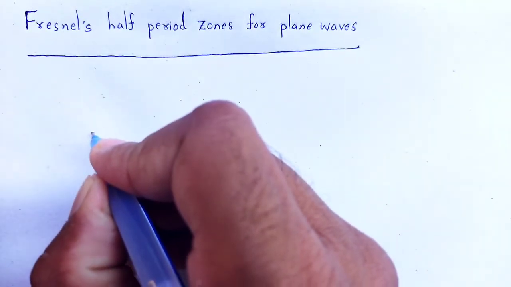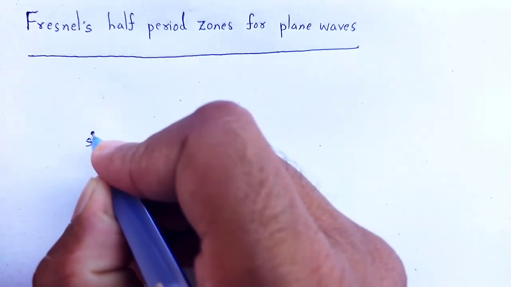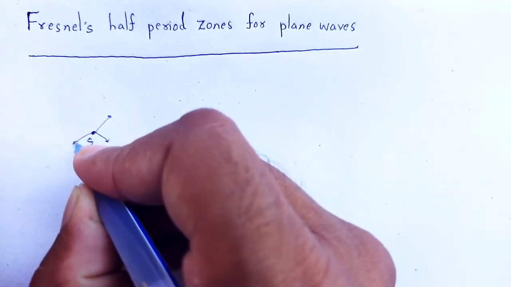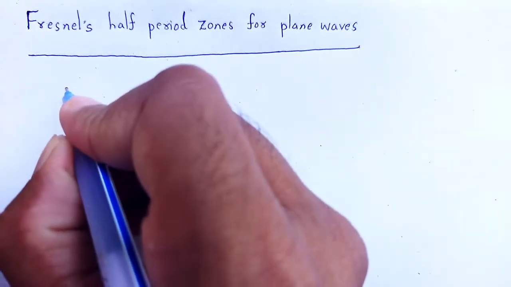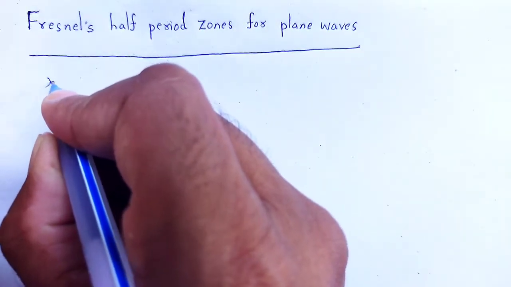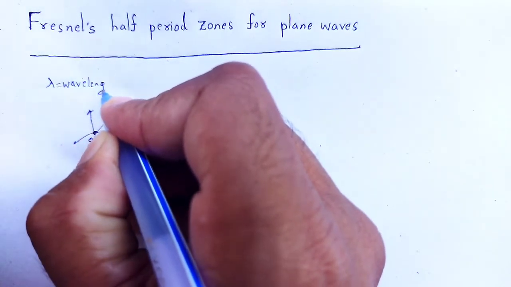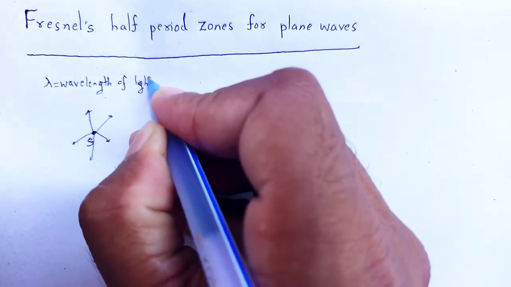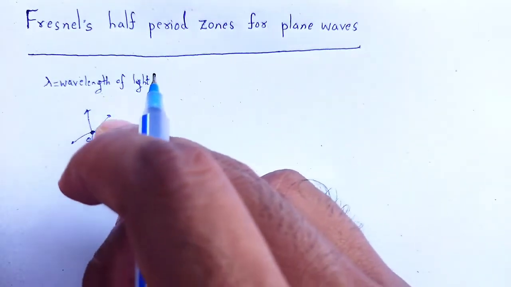if we consider a source S, the light waves are emitted from that source, having the wavelength lambda, at a large distance.